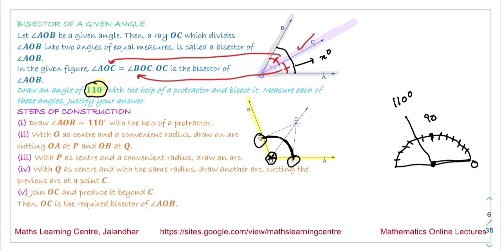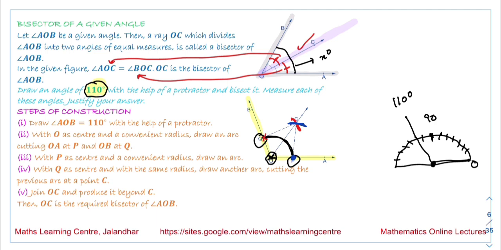Then without changing the length of the compass, we keep the compass at this point Q, and we have marked another arc over here. Then without changing the length of the compass, we keep the compass at this point P, and we have marked this arc over here.